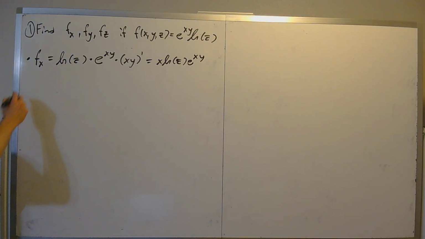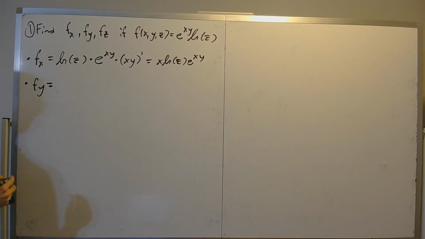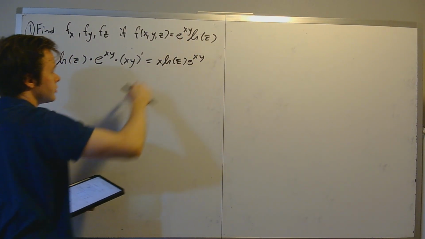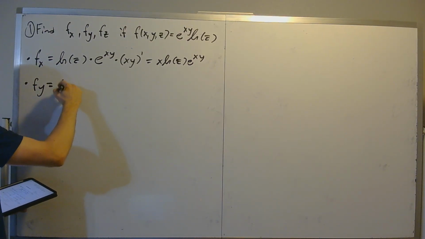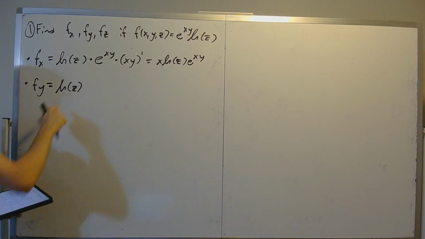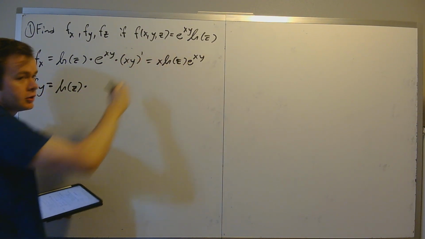Okay, so I encourage you to try to do these for each of these. But let me just work through one more here. So if we had the derivative of this now with respect to y, again, we treat this natural log part as a constant. We treat this x as a constant. So since natural log of z is a constant, we'll just factor that out in front. So natural log of z times, again, we use chain rule to solve this.